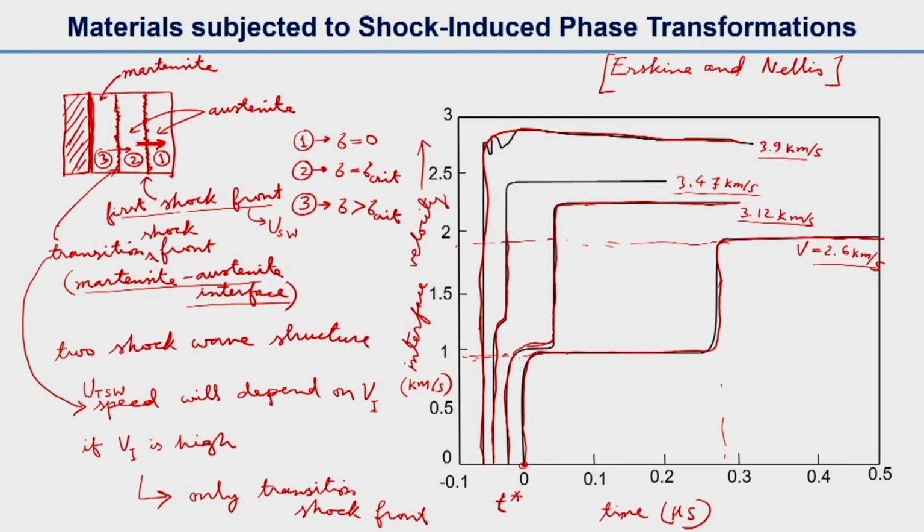Now if you see these changes of velocities, very prominently in the first case, that means it has a two wave structure, but in the case of 3.9 kilometer per second impact velocity, it has a single wave structure.